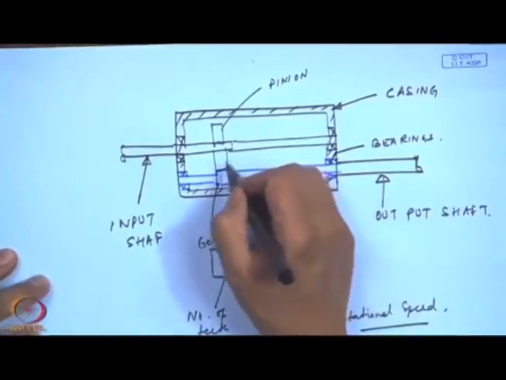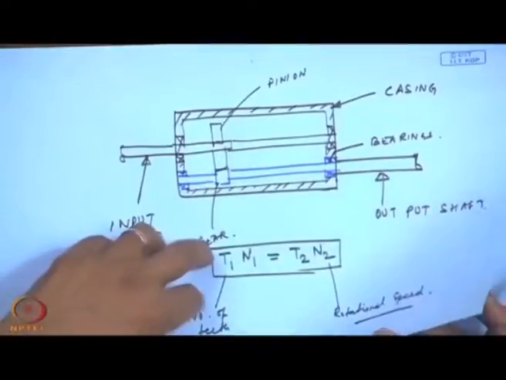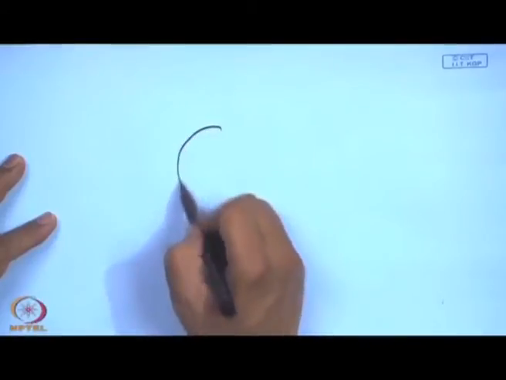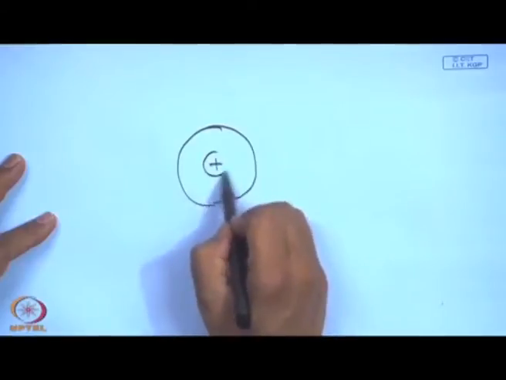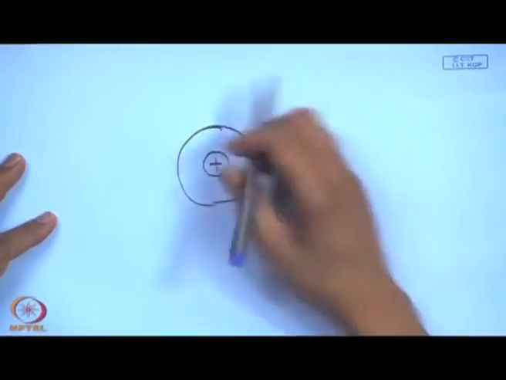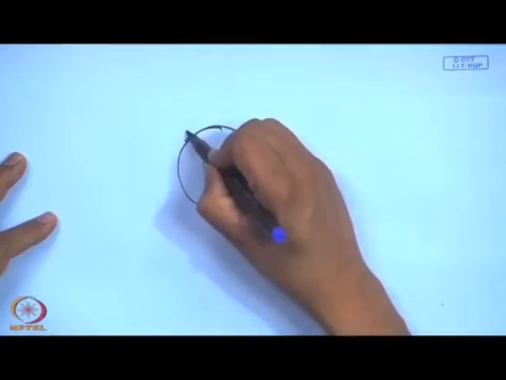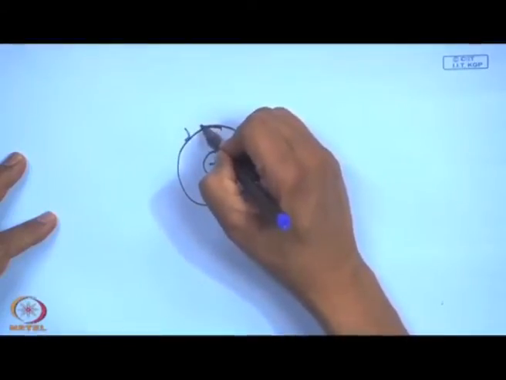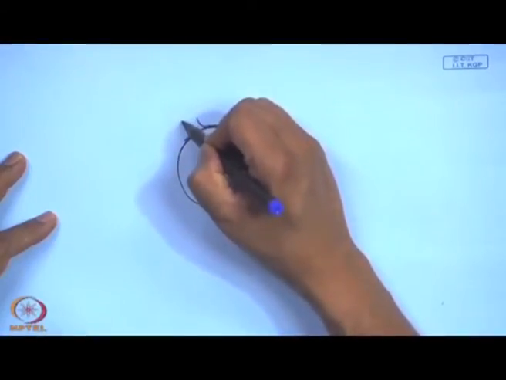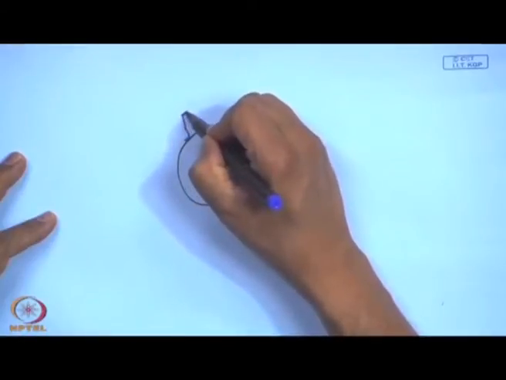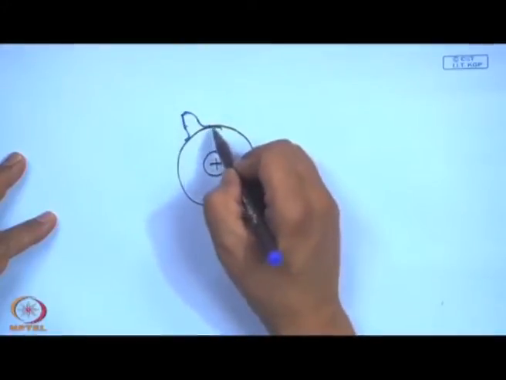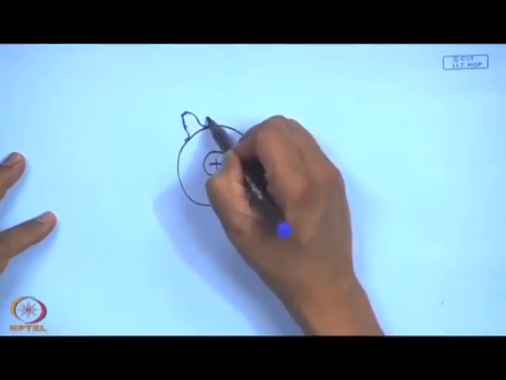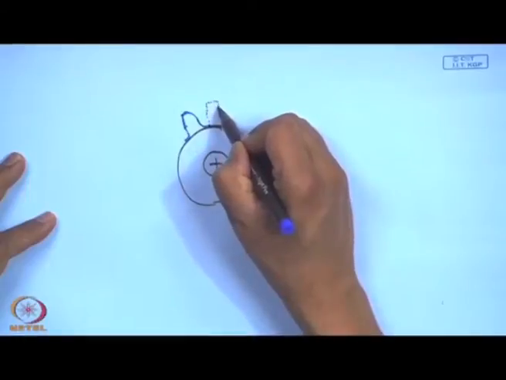Of course, I am not going to give you a lecture on gears, but essentially some of the important features of a gear. So, if I just draw one tooth of a gear, and then there will be such teeth all around the circumference.